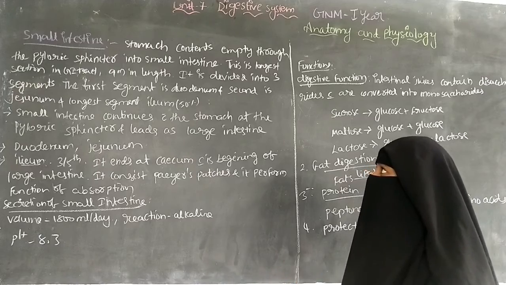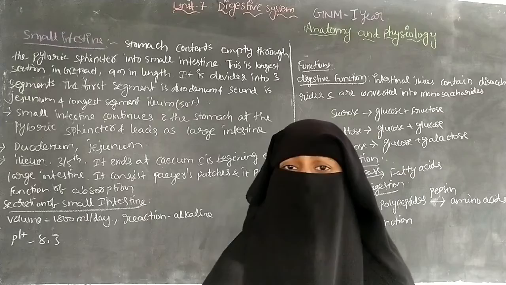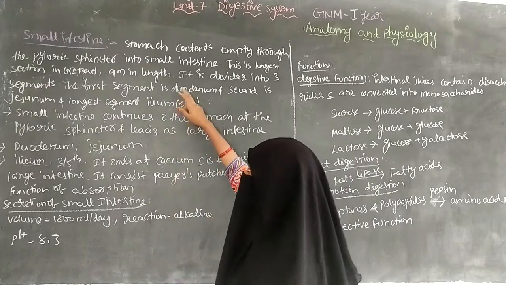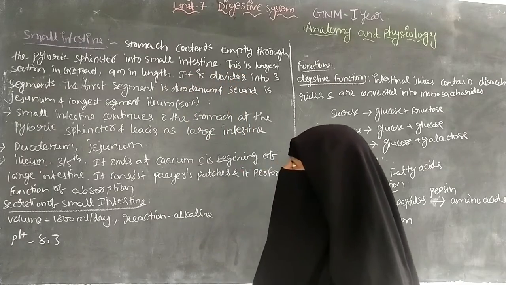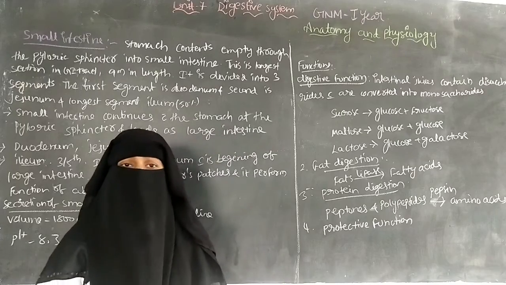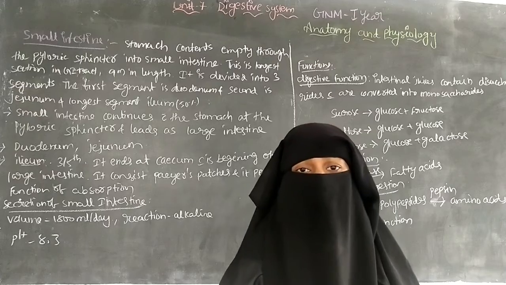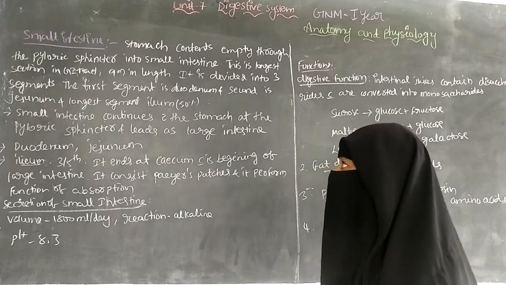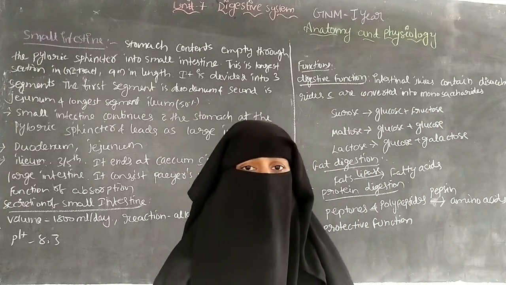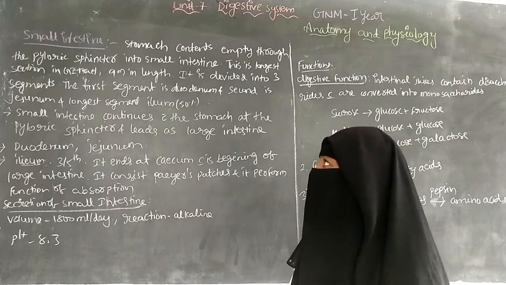After digestion, the digestive material enters the small intestine from the stomach through the pyloric sphincter, and this is the longest section in the GI tract. In the GI system, the small intestine is the longest part, and it is 9 meters in length.